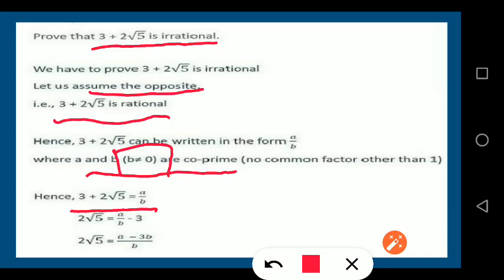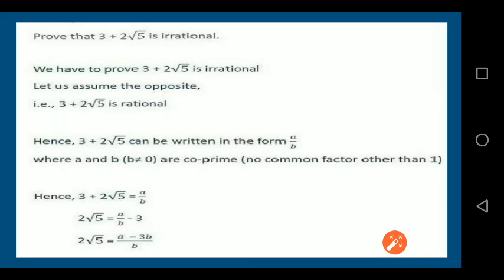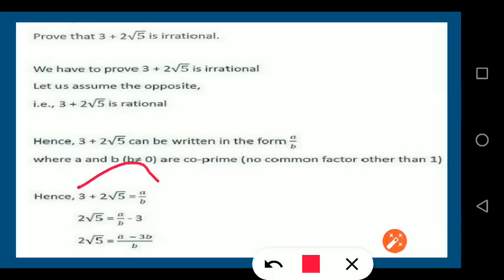Now, the next trick is to shift every whole number from the left side to the right. So first we will shift 3 from left to right. It becomes minus 3. So it becomes 2 root 5 is equal to a by b minus 3.